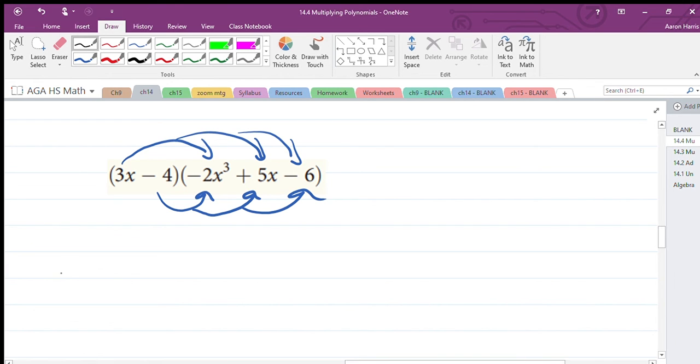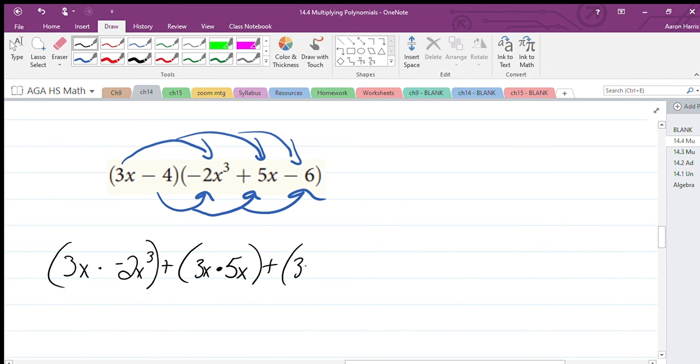I got 3x. What am I multiplying it by? Negative 2x cubed. Then I'm going to add to it the 3x times what? The 5x. Let's make sure that looks like a multiplication symbol. And then I'm going to take 3x and multiply it by what? Negative 6. Okay, then I have the negative 4.